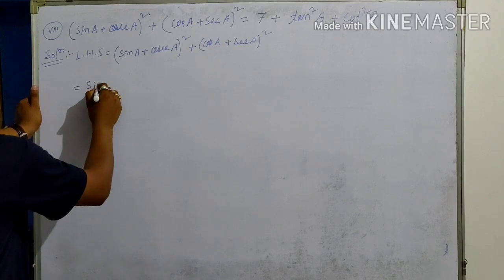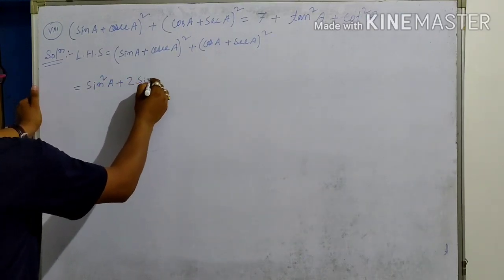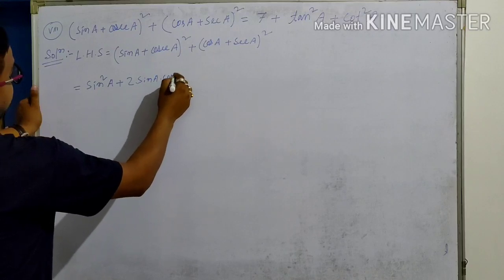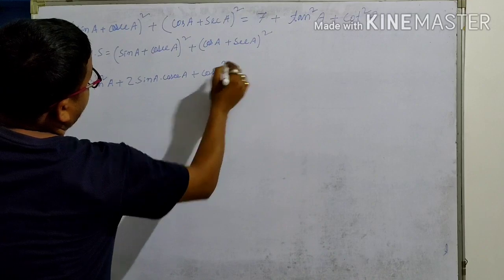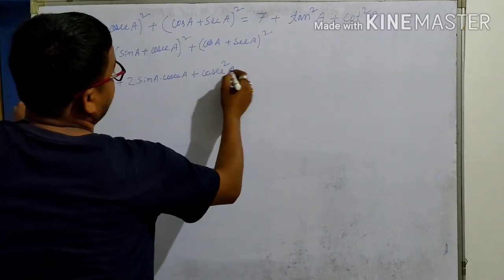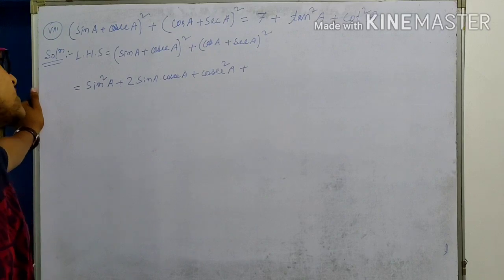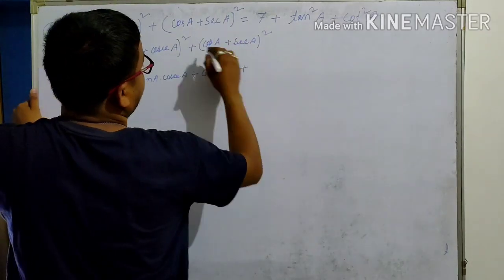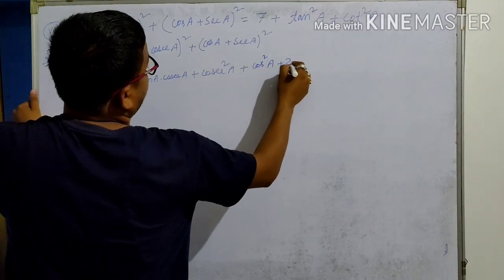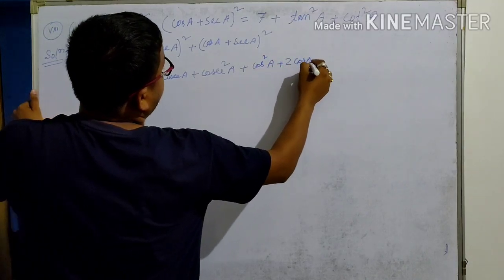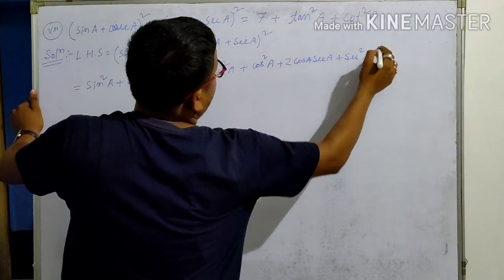You will get sin square a plus 2 into sin a into cosec a plus cosec square a. And here also you can break (a plus b) whole square: cos square a plus 2 into cos a into sec a plus sec square a.